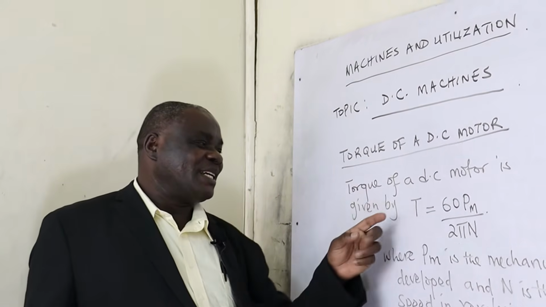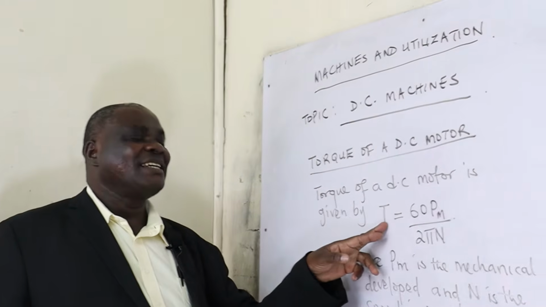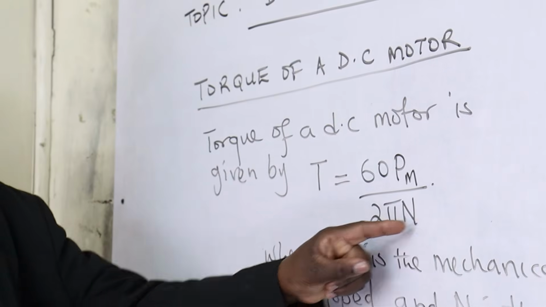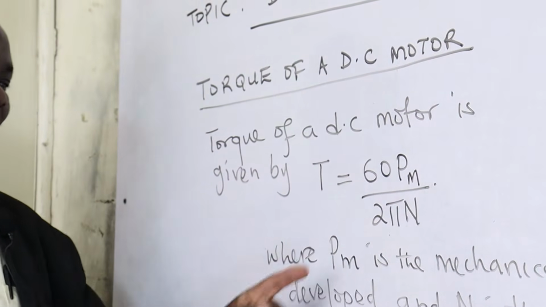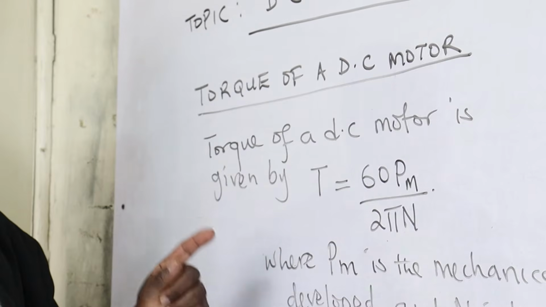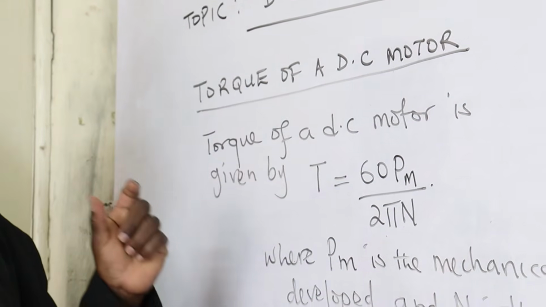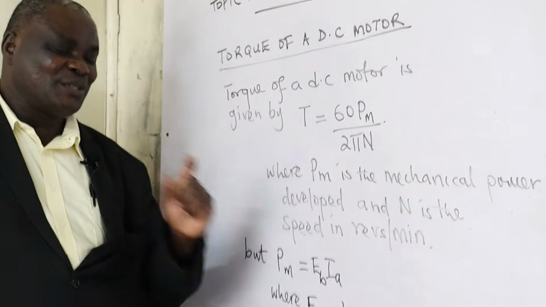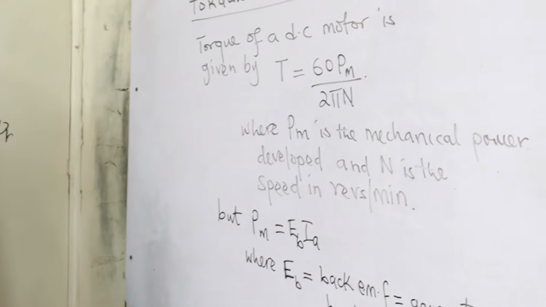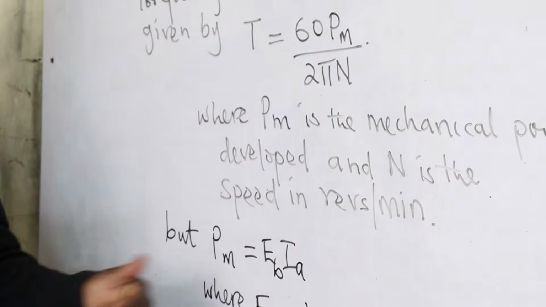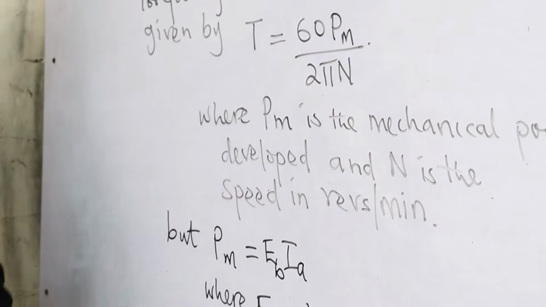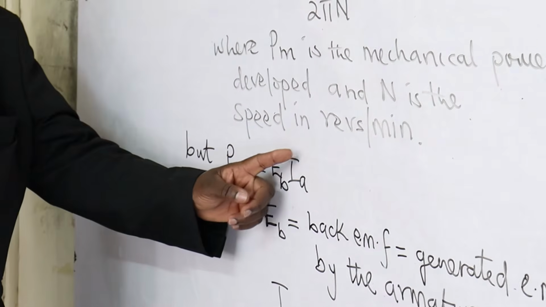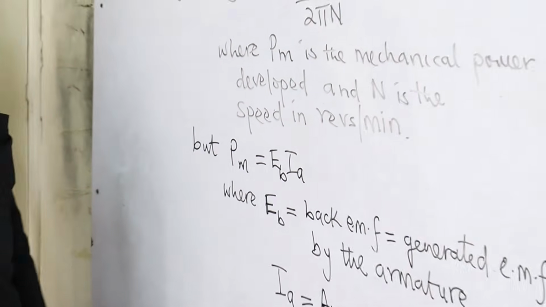Torque is given by T, which is equal to 60 PM all over 2 pi N, where PM is the mechanical power developed within the armature, and N is the speed in revolutions per minute. But PM can be evaluated by having back EMF multiplying armature current.